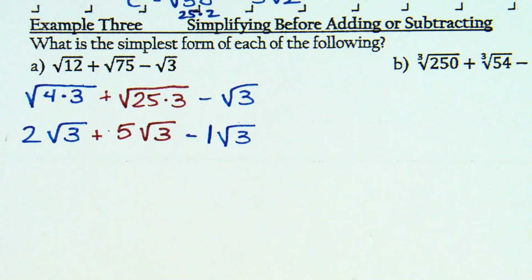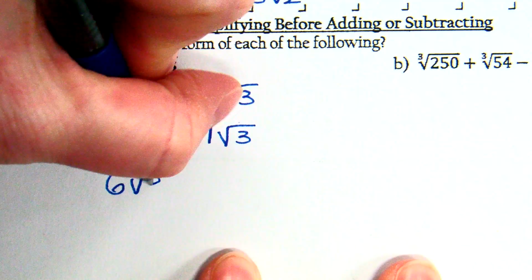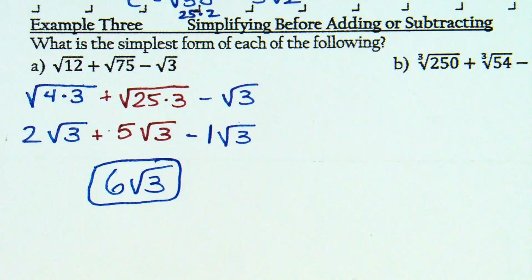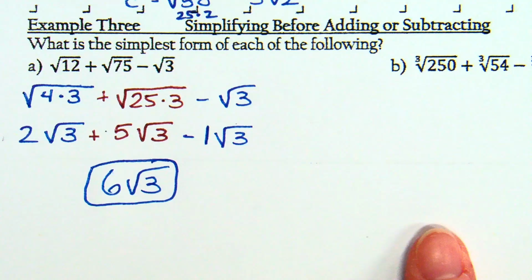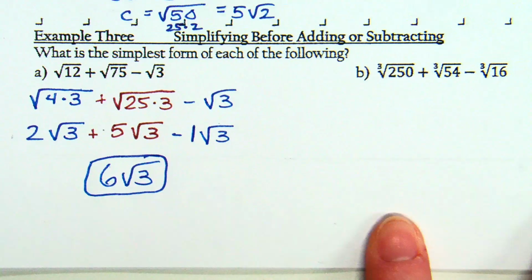So 2 square root of 3 plus 5 square root of 3 minus 1 square root of 3? 6 square root of 3. The idea of 2 of something plus 5 of something minus 1 of something is 6 of something. So are we okay with that one?